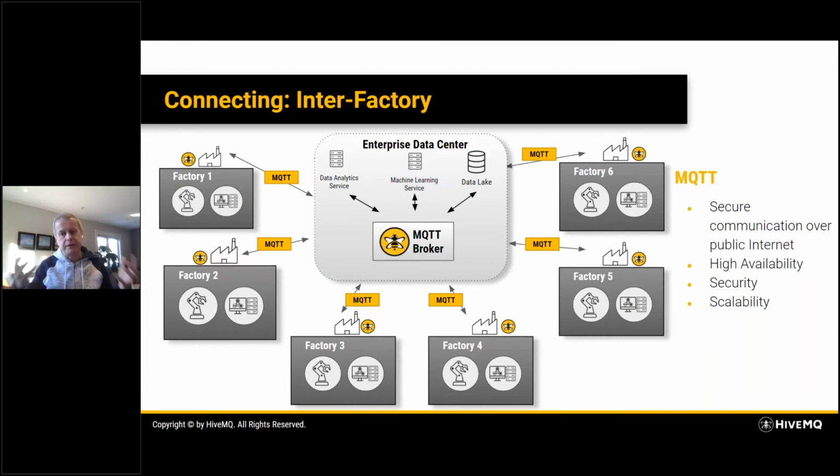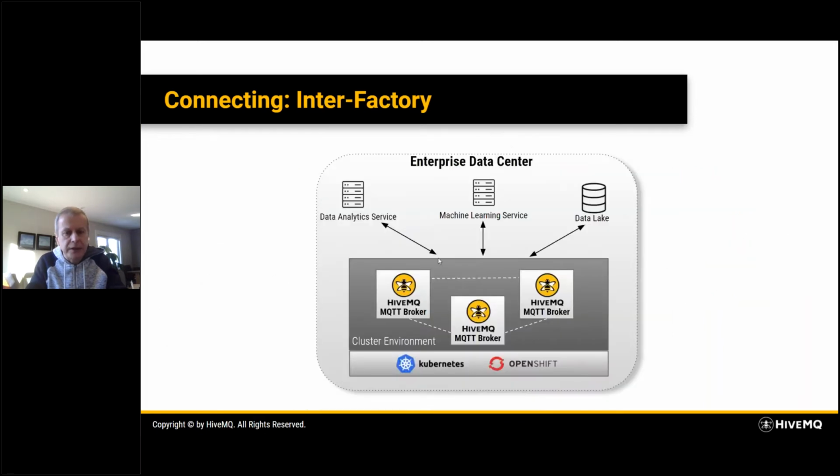From an availability and scalability perspective, we can talk a bit about that when we get into HiveMQ specifically, but from a throughput and number of connections point of view, MQTT is very well suited to handle high amounts of data. So within the data center, HiveMQ works in a clustered environment.